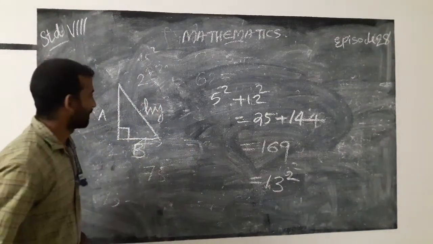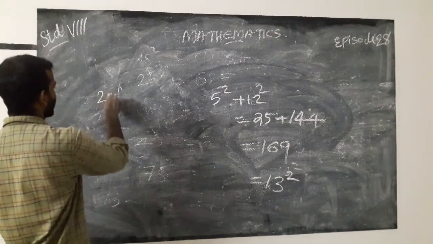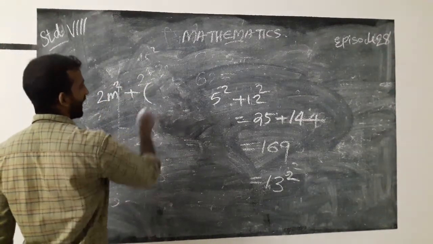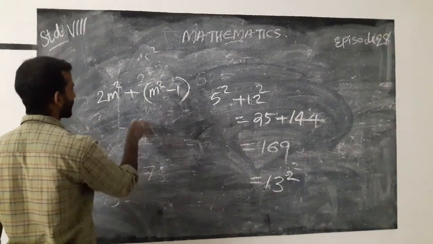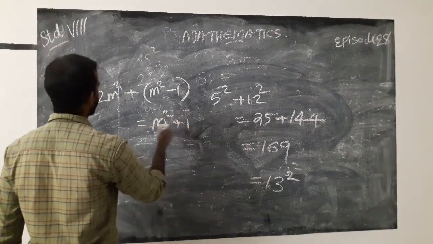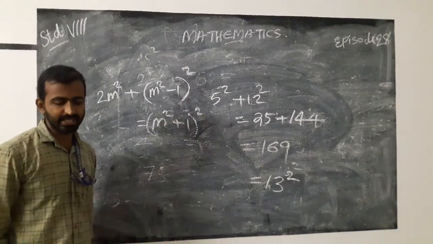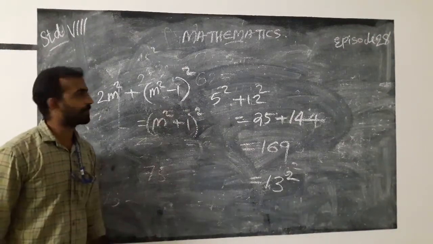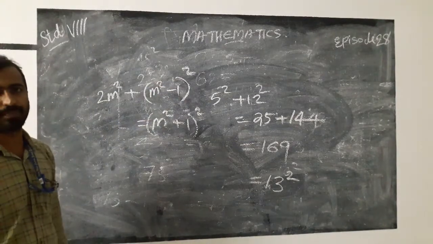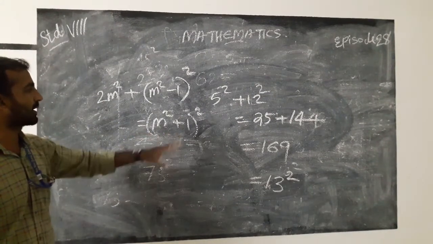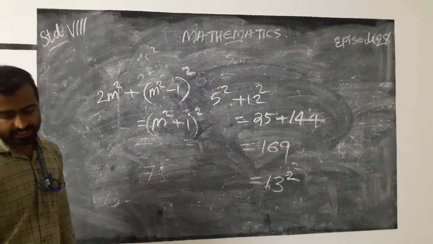That is the general form: (2m) square plus (m square minus 1) the whole square equals (m square plus 1) the whole square. That is for checking.